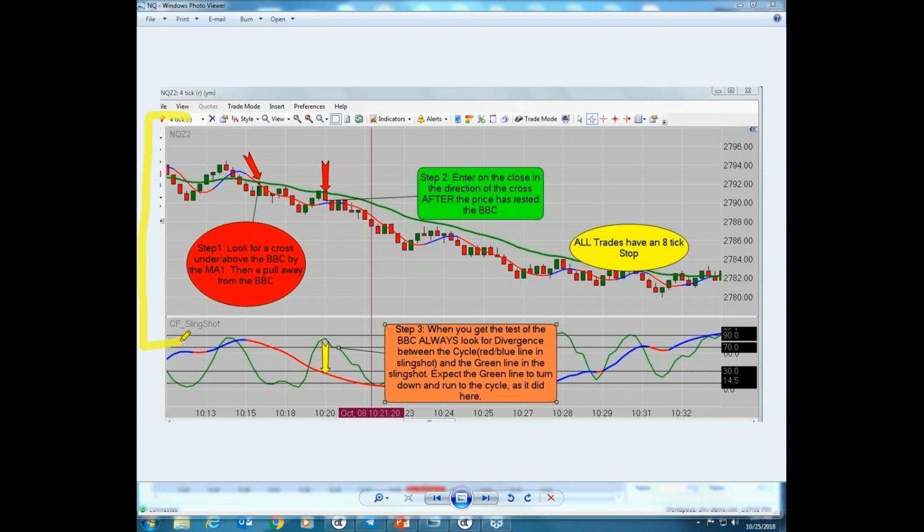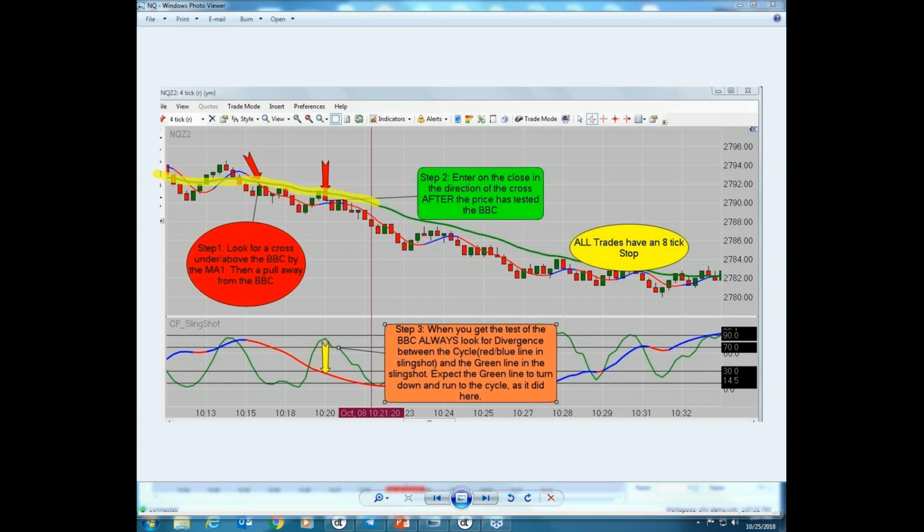So what we're going to do is work on the top portion of the chart, price action. Here we go. Buzzwords. The red and blue line is referred to as the MA1. The green line is referred to as the BBC, which is short for bullish bearish cross.